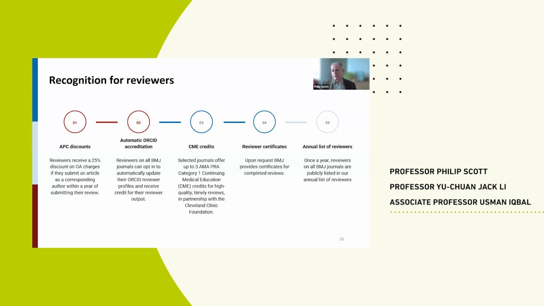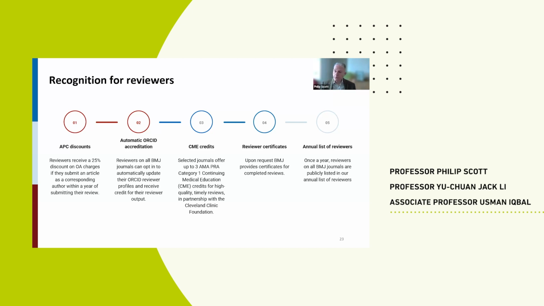Now, step 3 is still future for this journal, but BMJ more widely has a recognition process through the Cleveland Clinic to offer continuing medical education credits for timely reviews. So that's something we don't yet have, but BMJ are working on that as something for the future in this journal, to provide that Cleveland Clinic CME accreditation.